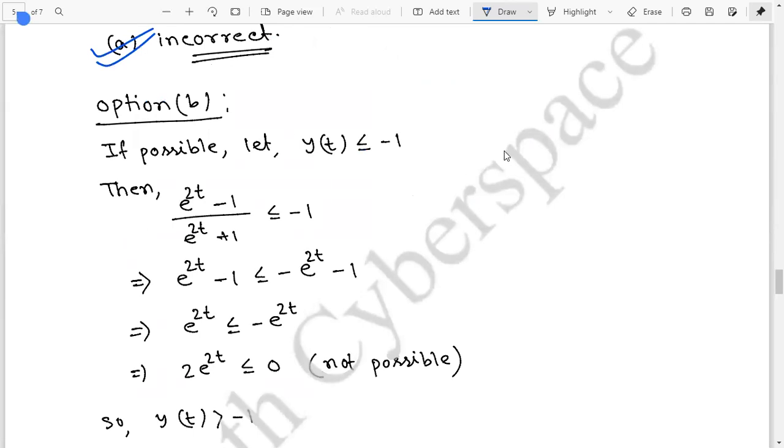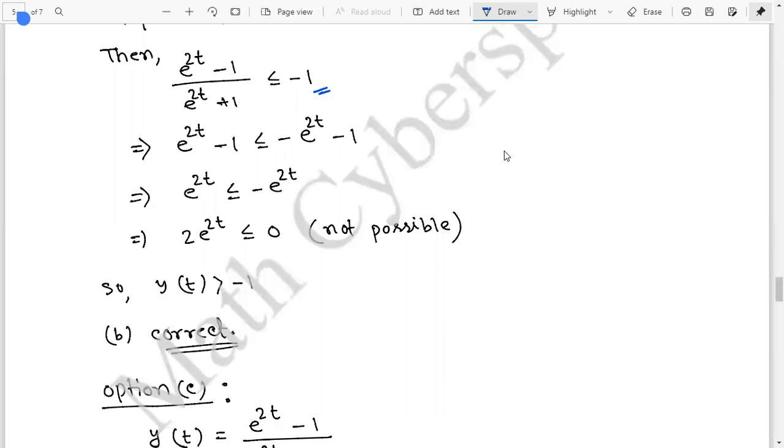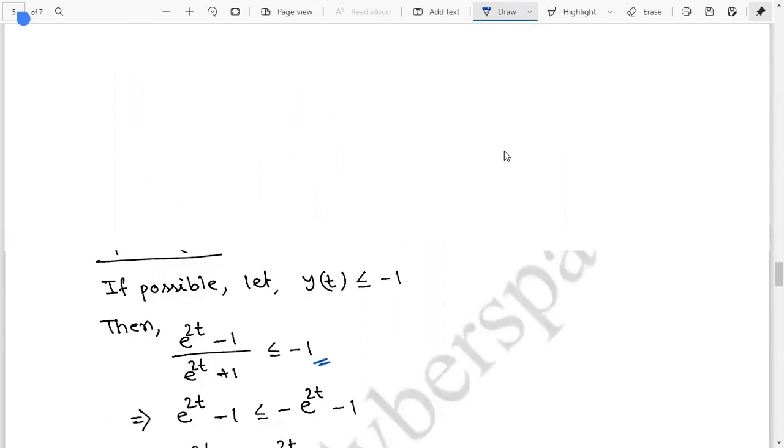That means (e to the power 2t minus 1) by (e to the power 2t plus 1) is less than or equal to minus 1. Finally we get that 2 e to the power 2t is less than or equal to 0. And we know that the exponential function is always positive, so this is not possible. So y(t) will always be greater than minus 1. So option B is correct, right? Now option C.